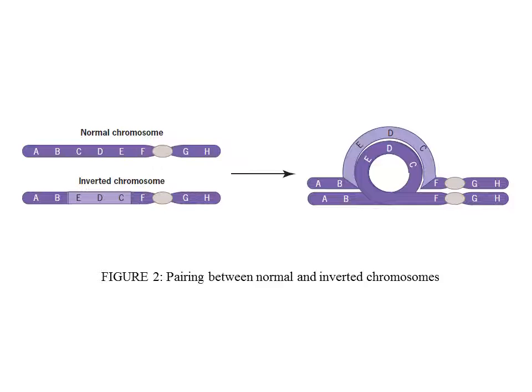So the normal chromosome will form one turn, or it is called a loop, to help in bringing the complementary genes opposite to each other. That's what is occurring during the pairing of inverted chromosome with that of normal chromosome.